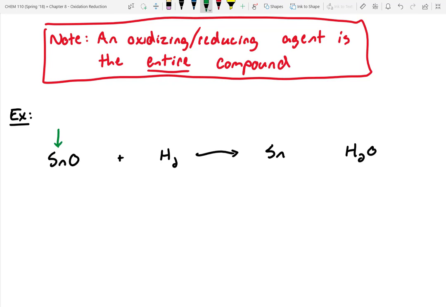A lot of students will look at tin, Sn, in column 4A, and it's not immediately clear what charge that would have. However, what's the charge going to be for oxygen? Yeah, oxygen's always going to be 2-. Which means that the tin has to be what? 2+, exactly. So if you're ever in a pinch, just look at the other elements and make sure that you balance out the charges.